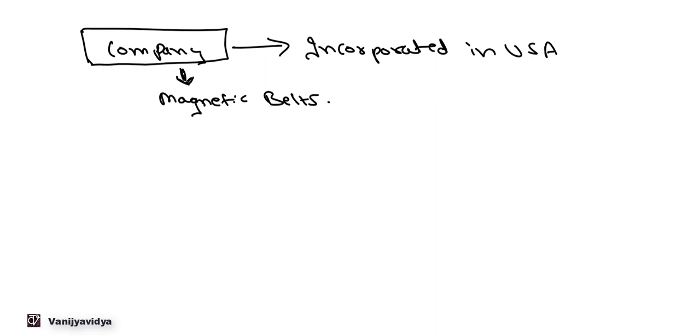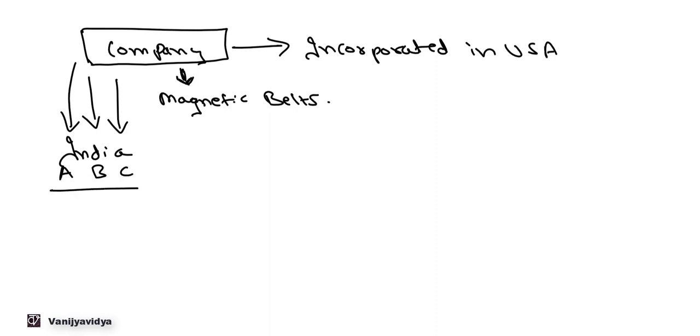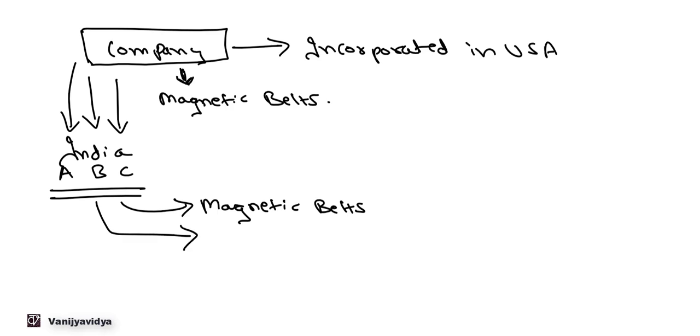So now there are some members of this company in India, say A, B and C, and all these members sell magnetic belts. Either they can sell magnetic belts to all the people that are staying in our country, or they can create more members.